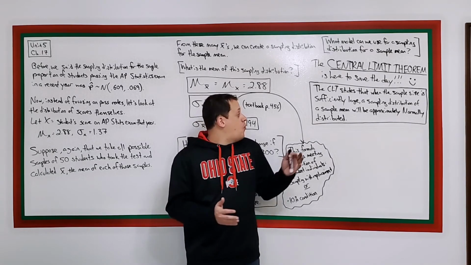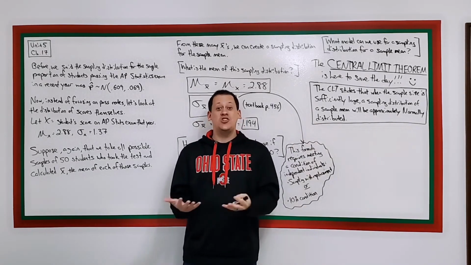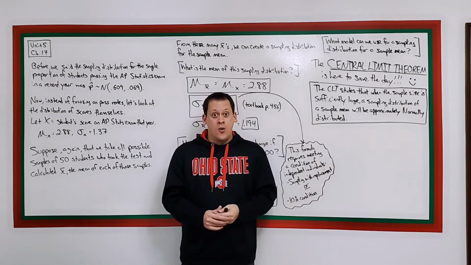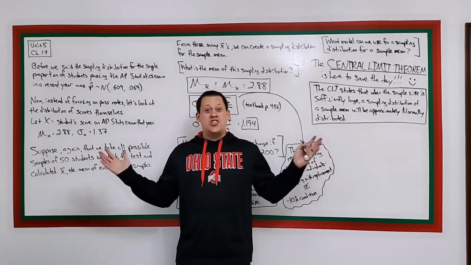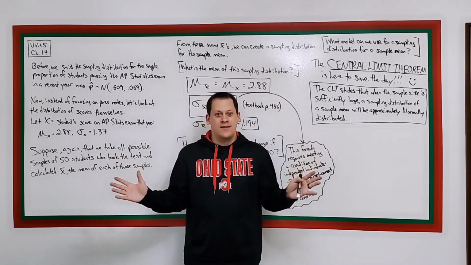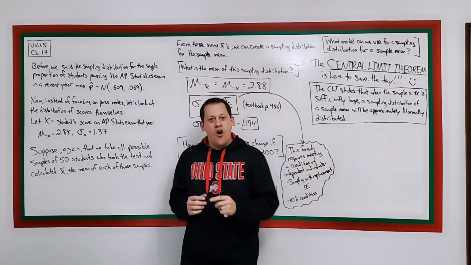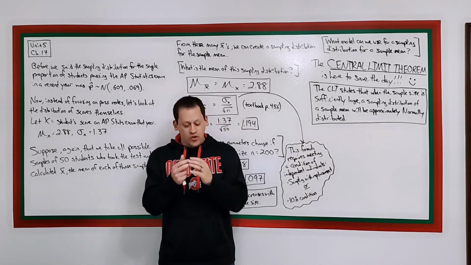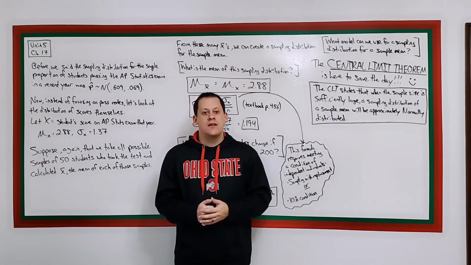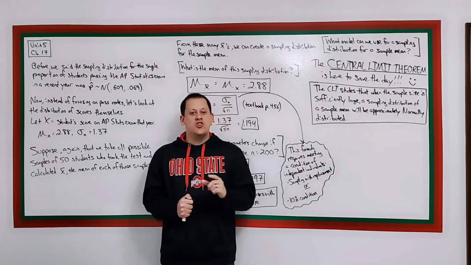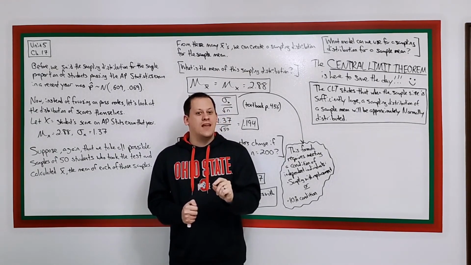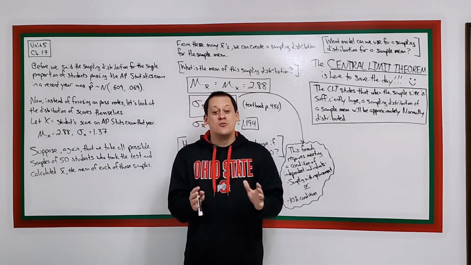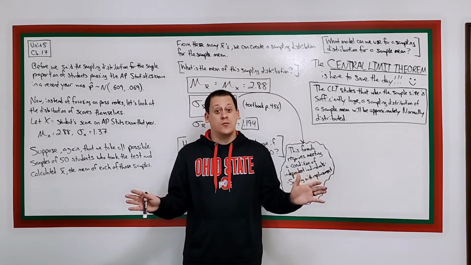Notice, we don't have to have a population that's approximately normal or even symmetric. We could have a population of any shape. It doesn't matter. If we take all the different sample means for samples of a given size from a population and look at the distribution of those sample means, as long as the sample size we took is large enough, and we'll talk about that in the next video, that distribution of x-bars will be approximately normal.